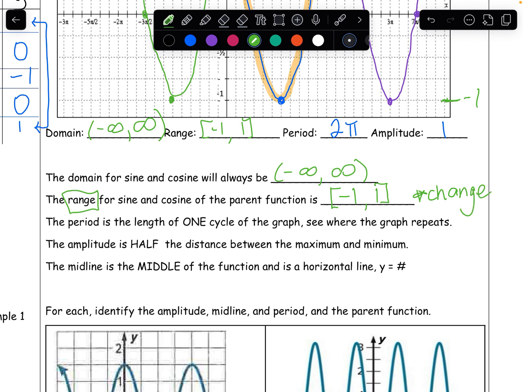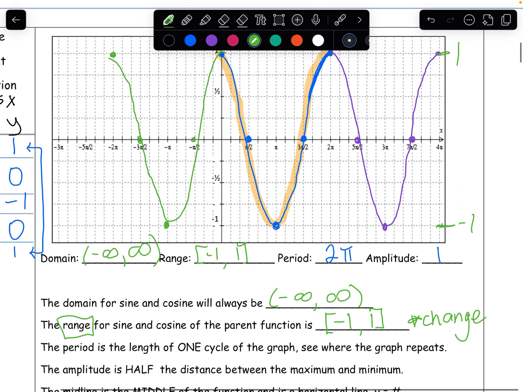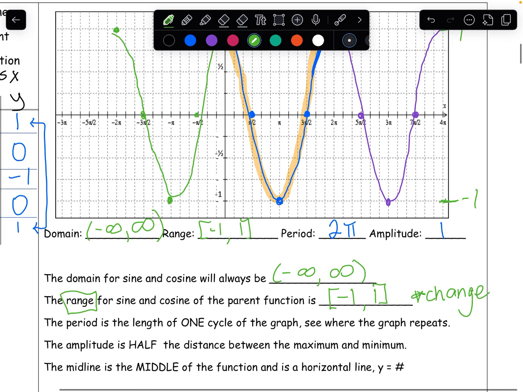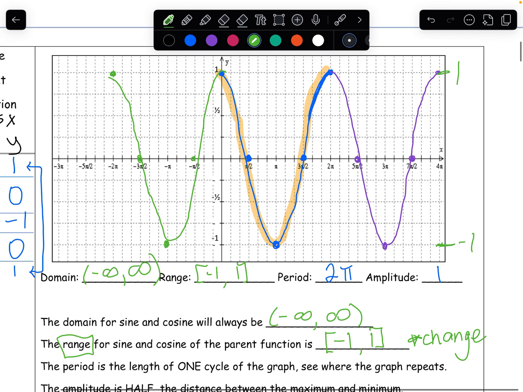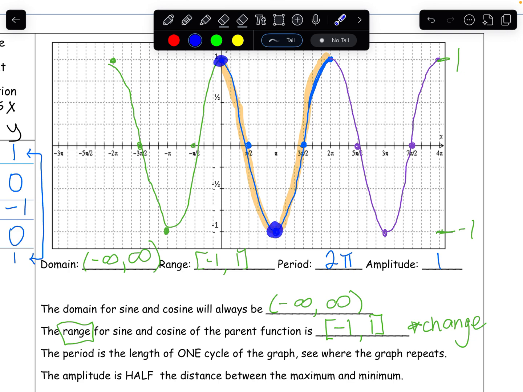The period is the length of one cycle of the graph. And so we start to see where it repeats. That tells you where your period ends. The amplitude is half the distance between the maximum and minimum. So here is our maximum. Here is our minimum. What is halfway between -1 and 1? 0.